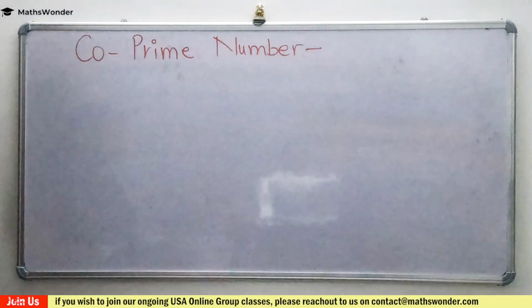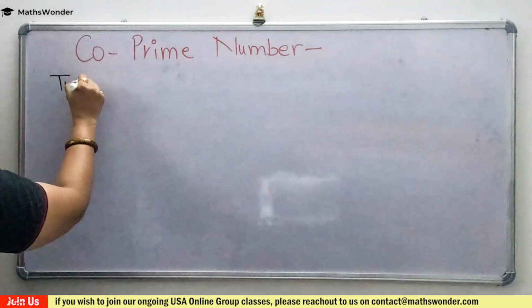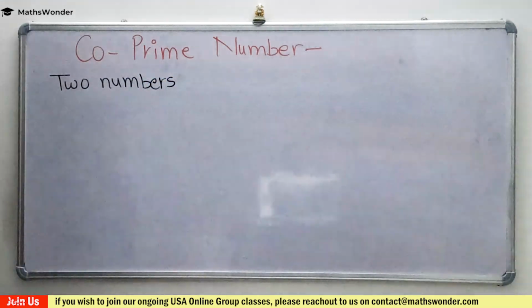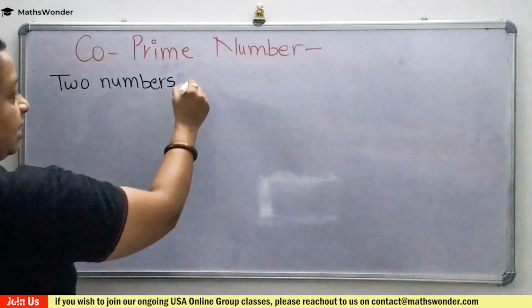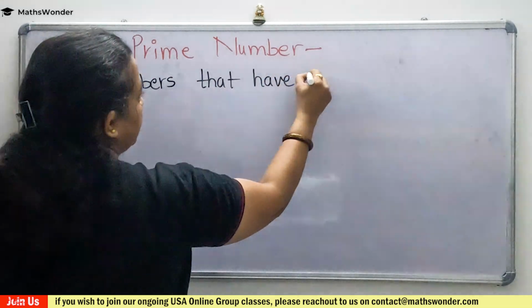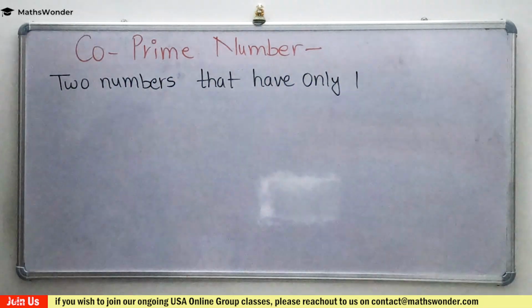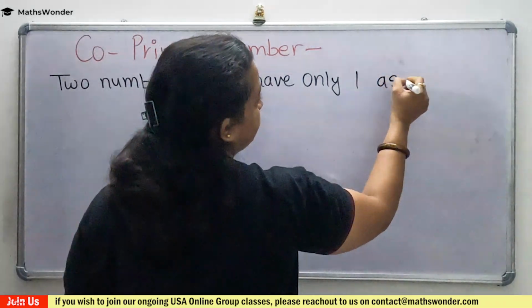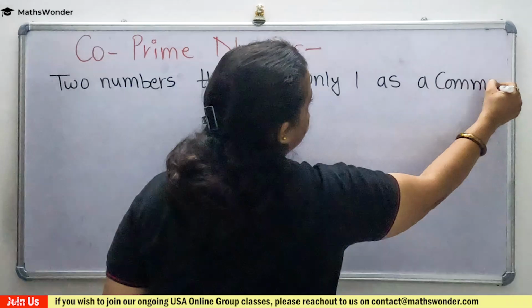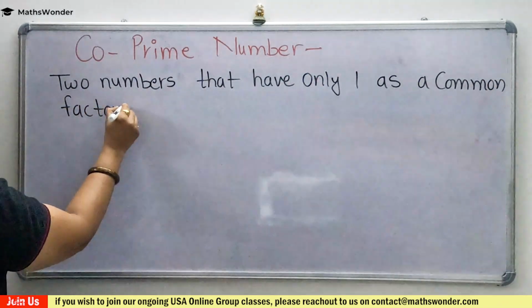What is a co-prime number? Any idea? Two numbers that have only one as a common factor. Can you give any example?